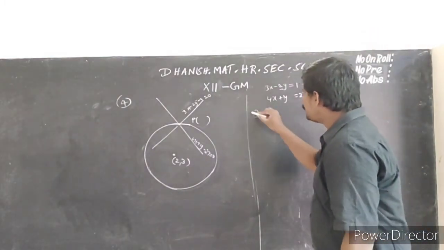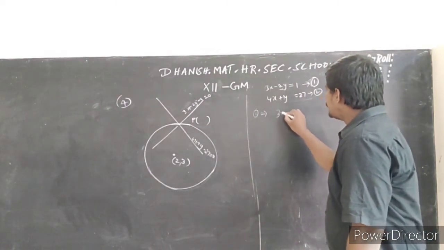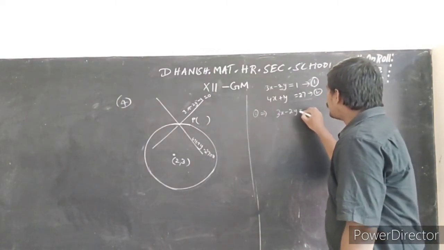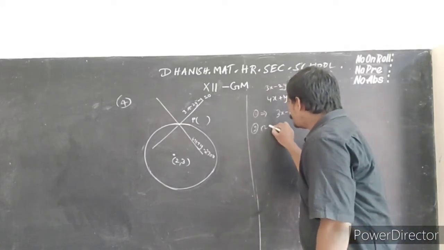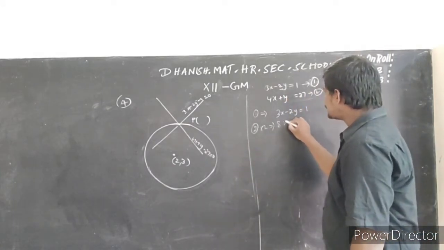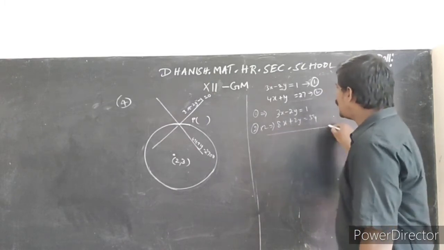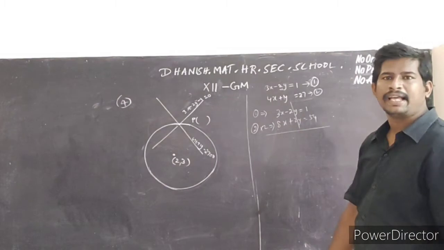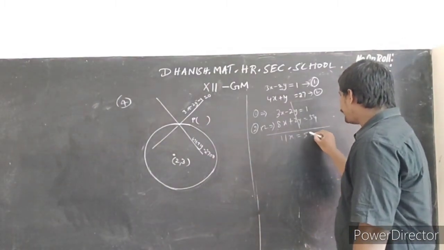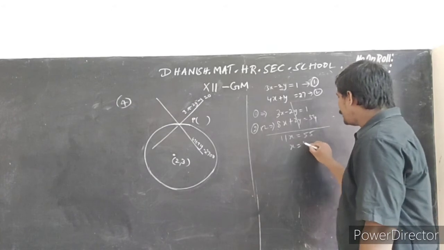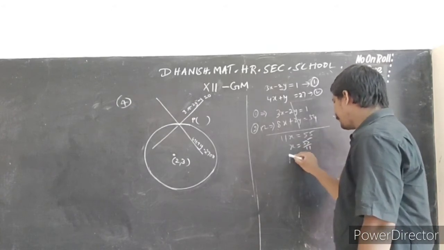Equation 1 as it is, 3x minus 2y equal to 1. Equation 2 into 2: 8x plus 2y equal to 54. Now these two terms will get cancelled. So 11x equal to 55, so x equal to 55 by 11, so x equal to 5.